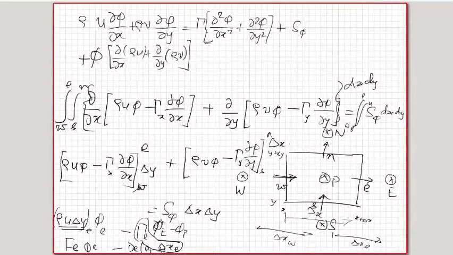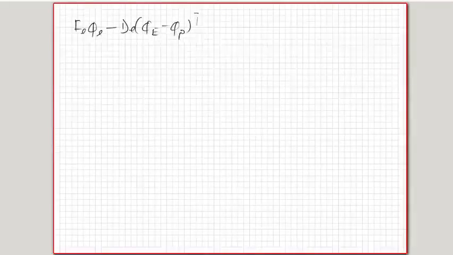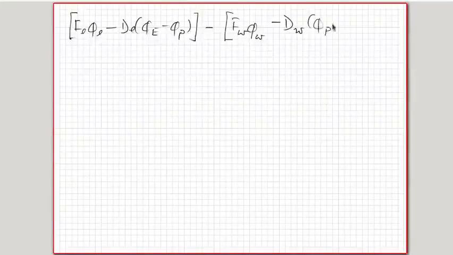So I'll be able to write this in the next slide as Fe phi E minus dE into phi E minus phi P. This is the first term, the east term, minus the west term is FW phi W. So this is a small w, okay, minus dW multiplied by phi P minus phi W. Now this is a capital W. What we have written here is capital.